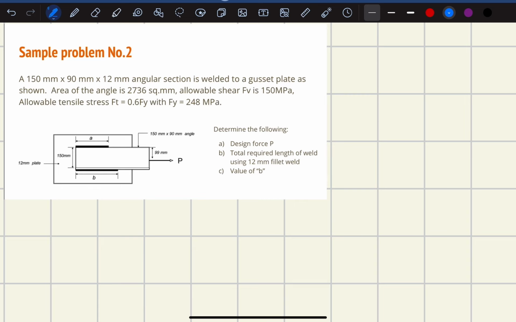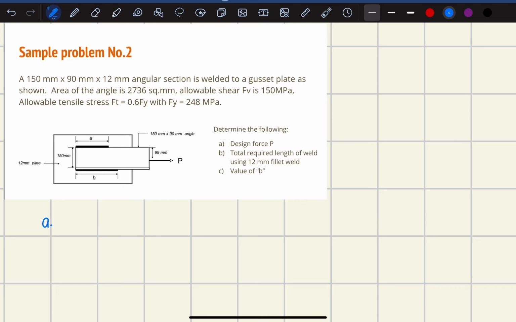Allowable shear Fv is 150 MPa. Allowable tensile stress Ft is equal to 0.6 Fy, with Fy equals 248 MPa. Determine the following. Design force P.